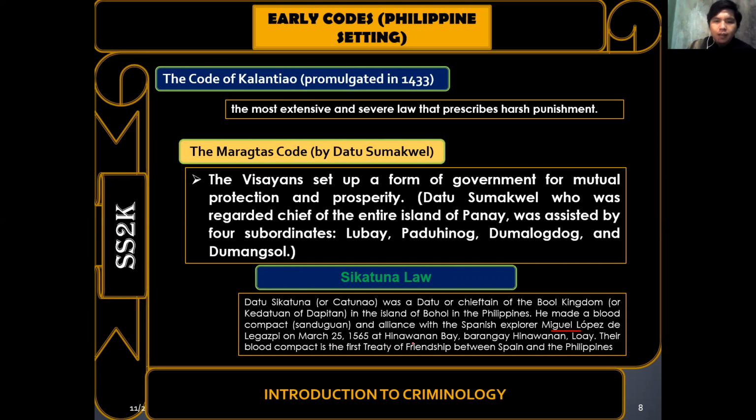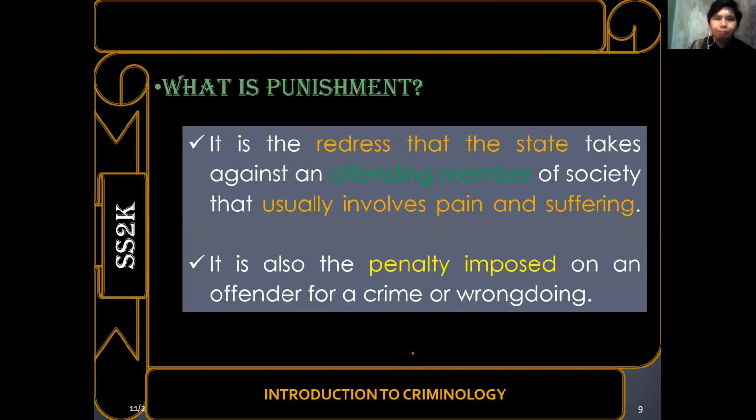At Hinawanan Bay, Barangay Hinawan, Laway, their blood compact is the first treaty or agreement of friendship between Spain and Philippines. Yan po yung Sikatuna Law, the agreement between a Filipino who is a Datu and Miguel Lopez de Legazpi, okay, for mutual protection. It is a treaty, okay, of friendship. Yeah.